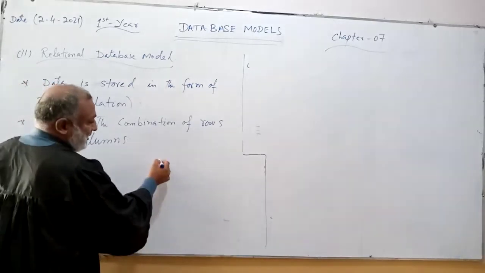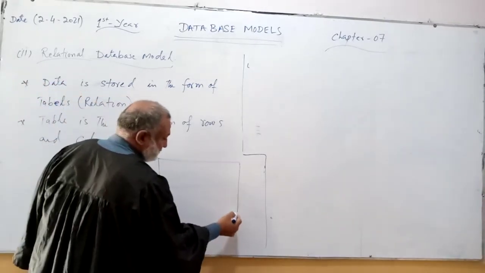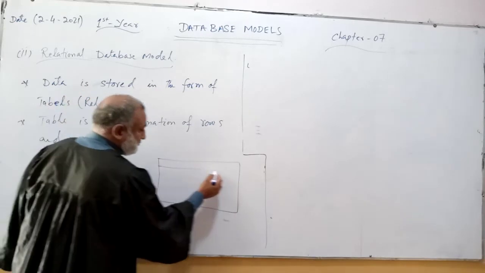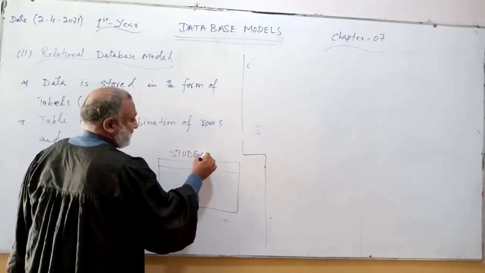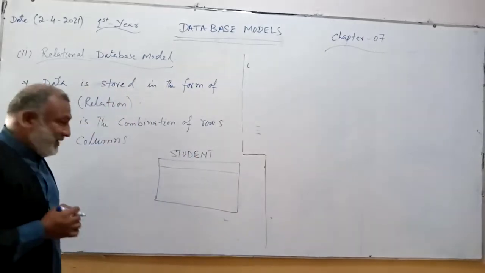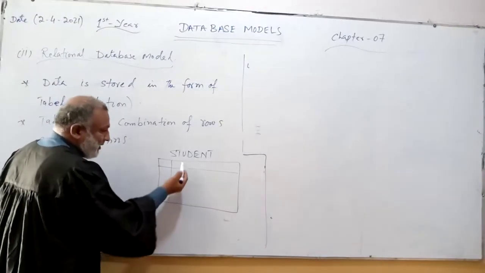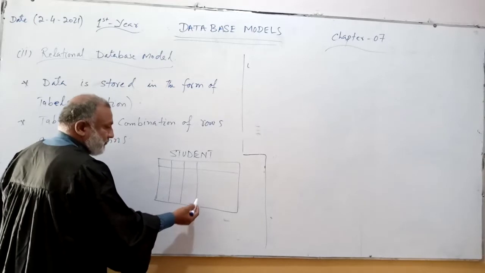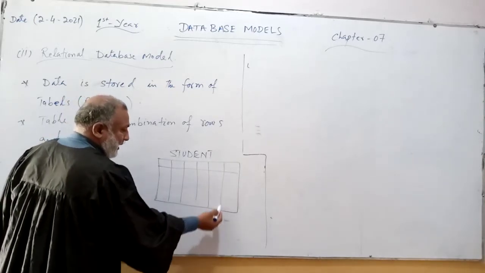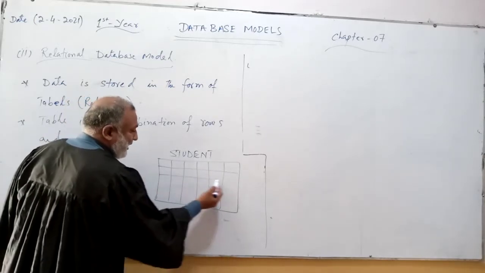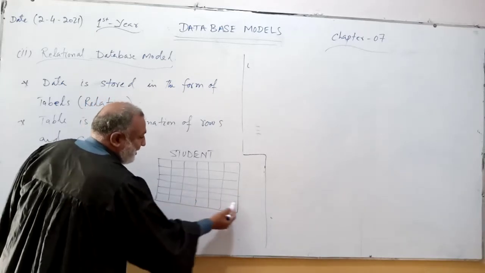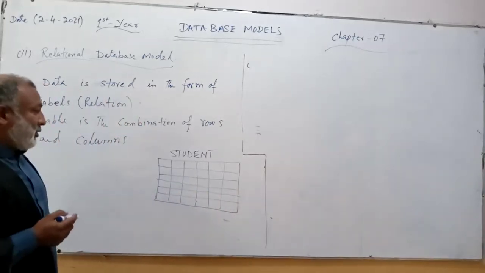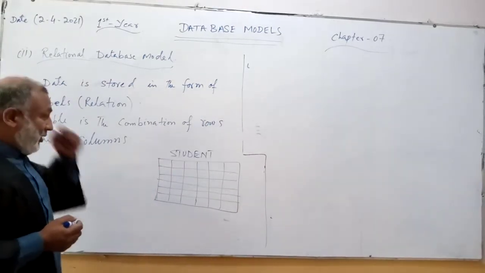See, if there is a table, for example a student table, inside this student table it is divided into columns. And these related columns, when combined, make a row. So this is what we call a table.